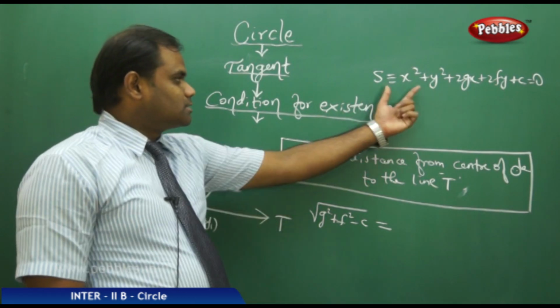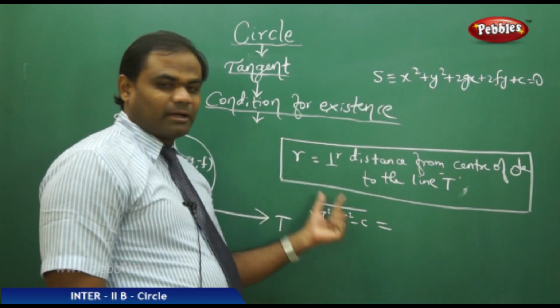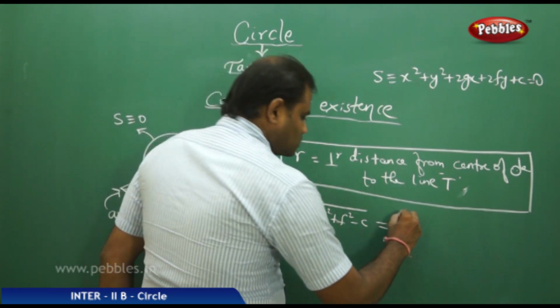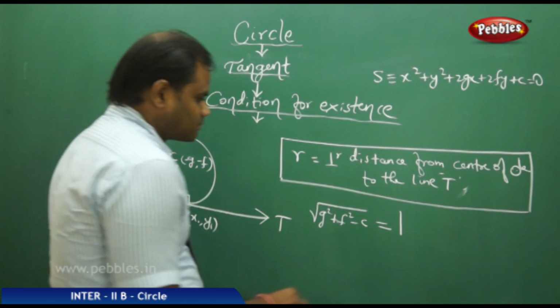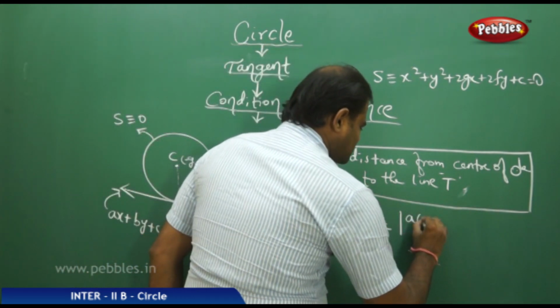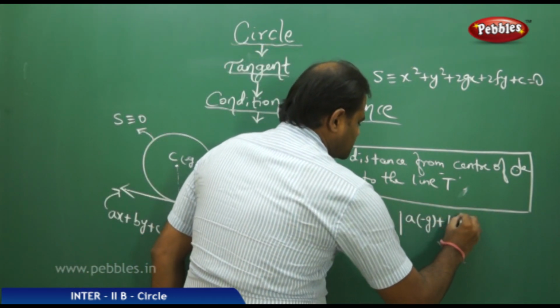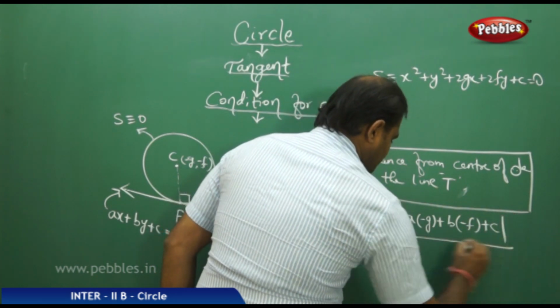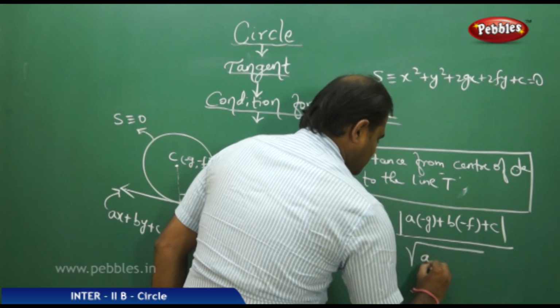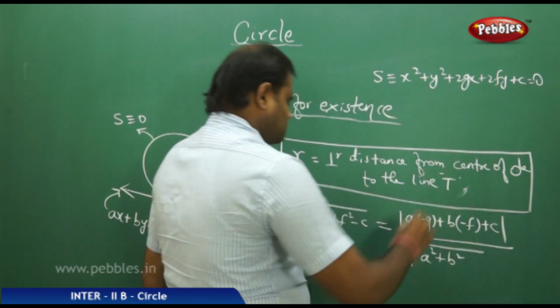Therefore, radius for this circle is root g squared plus f squared minus c, which must be equal to the perpendicular distance from center to the line, that is mod ax plus by plus c by root of a square plus b square.